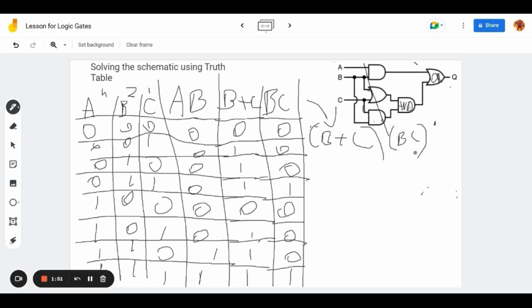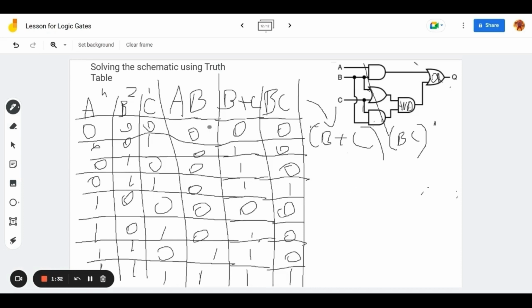So this is what it would look like, as we have to multiply the B and C first, and then multiply with B plus C. That's why it's in brackets to show what to do first, just like in normal algebra. So let's continue with this.